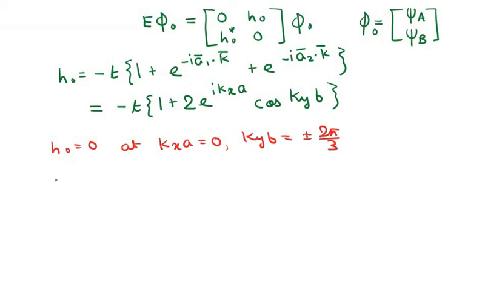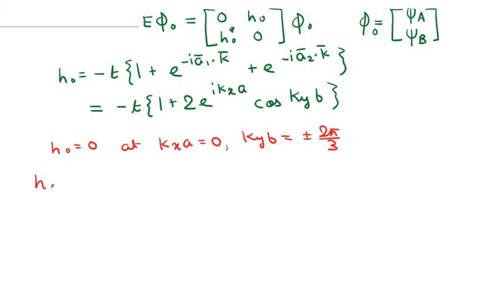Okay, so to develop a dispersion relation near the bottom of the conduction band or the top of the valence band, we basically have to expand this expression in a Taylor series around this point over here. Okay, so how do we do that?